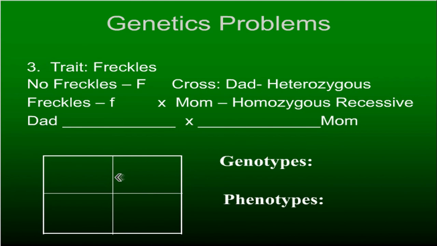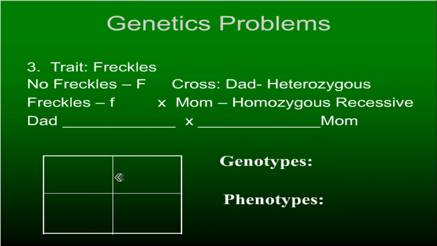Yung mga pekas, kasi yun nga, sa mga mestiza, yung mga mapuputi, yung may mga tuldok-tuldok sa mukha, ayan, that is freckles. So, freckles is the trait represented by a capital letter F, those that have no freckles, and small letter F with freckles.